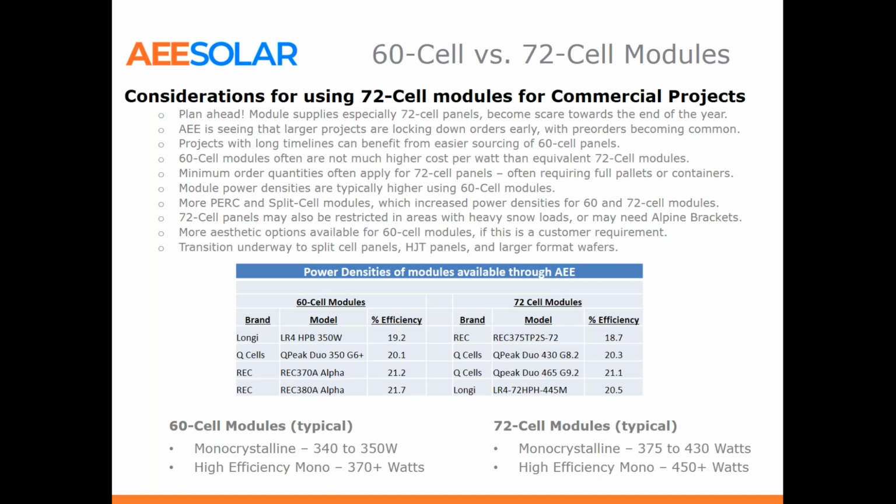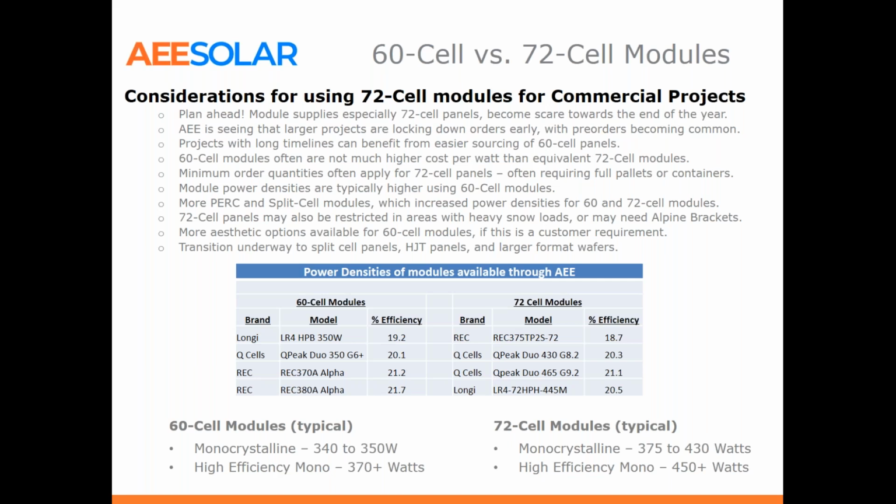And typically we're seeing that for the 72 cell modules, you're needing to order in pallet size or container size quantities. And that could really mess up your cost structure as well if you end up with more modules than what you need. Sometimes we also see power densities that companies use their better cells for their 60 cell modules, so you might actually get a higher power density using a 60 cell module.